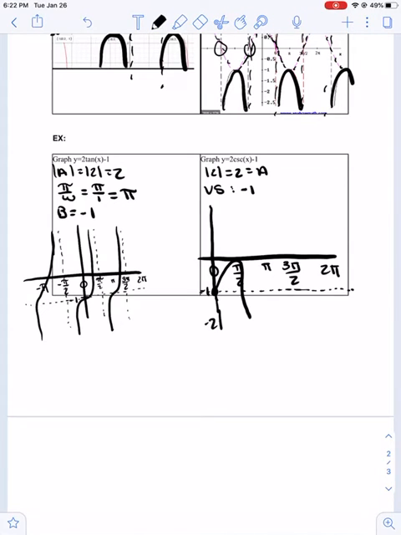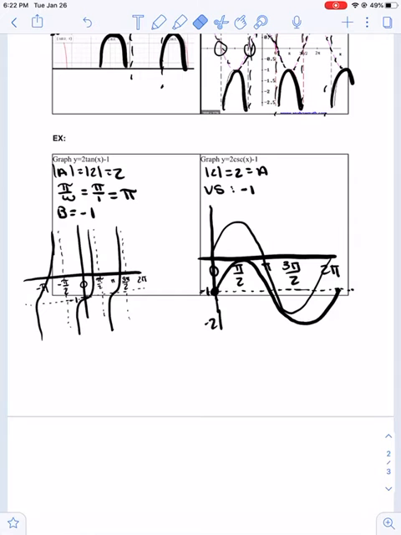Okay, so now we are going up. Where we usually, when we draw sine, we go up 1 and then down to -1 and then back. But now if we're going up 1, we're really starting at -1. So we go up, down. Now we're really going to -2 and up to 2 pi.